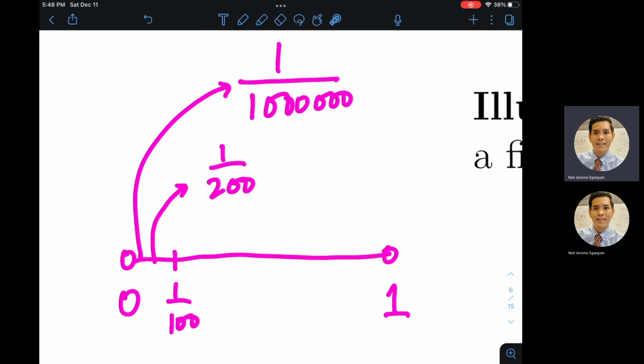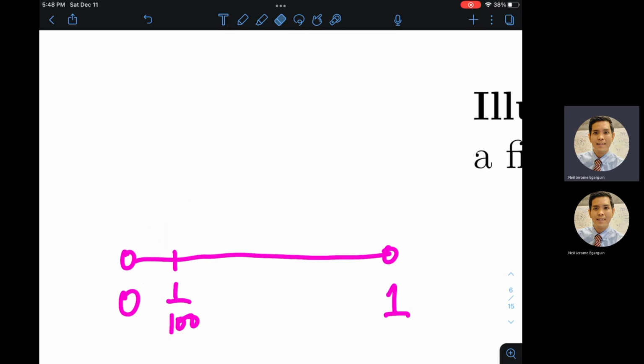All right? Now, it would be a very different story if we will include 0 and 1 in our set A. Kung kasama si 0 at saka si 1, then definitely the least element would be 0 kasi wala nang mas liliit pa na element ni capital A kaysa kay 0 at wala nang mas lalaki pa kay number 1, right?